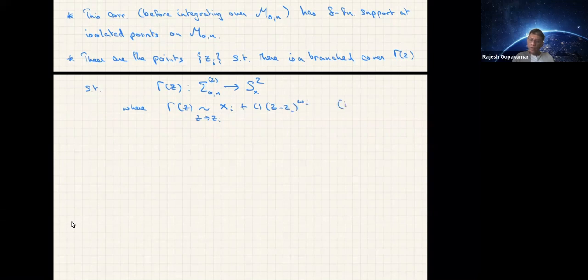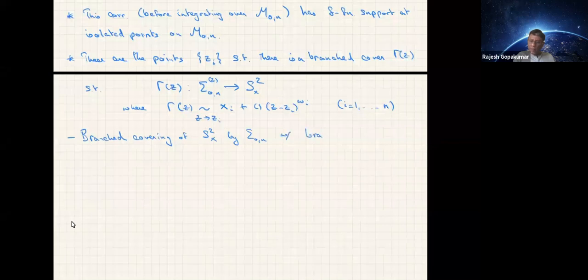So this is true for i equals 1 to n. If you have this, this is what you would call a branch covering of the S2 x by the worldsheet, with branching w_i at the location z_i.